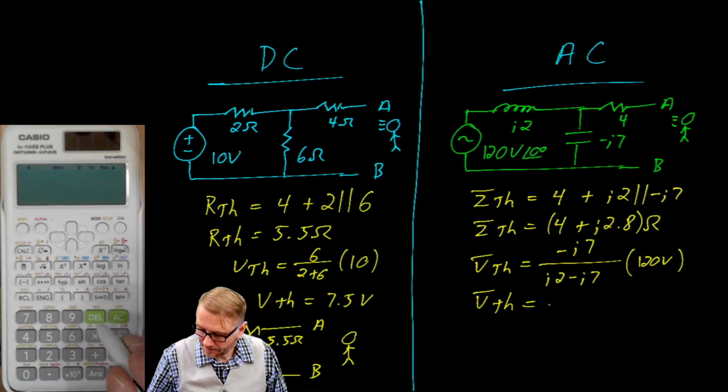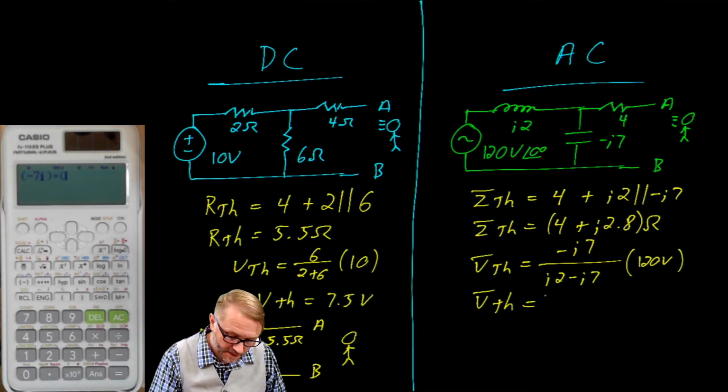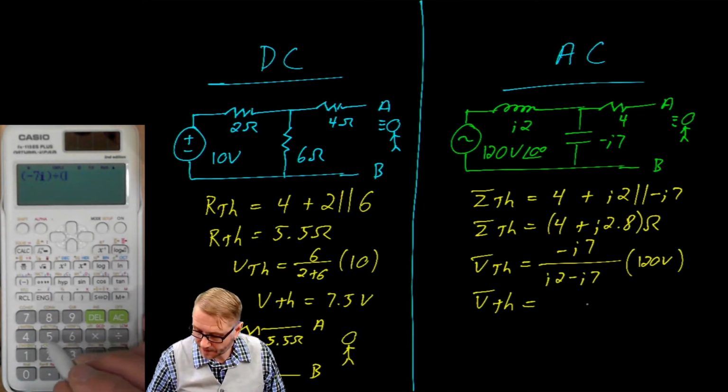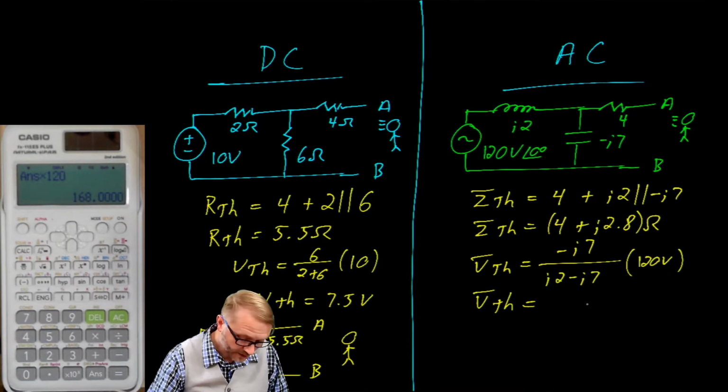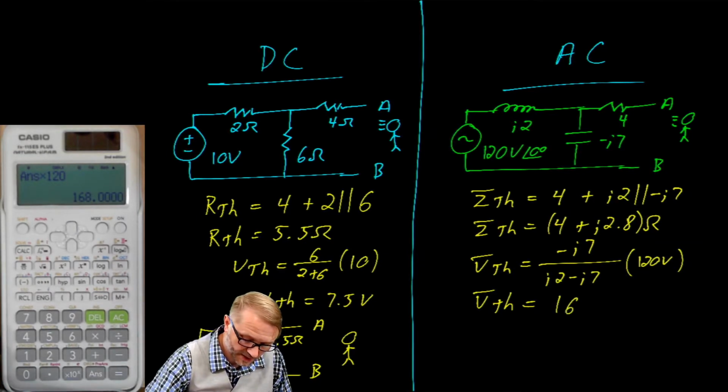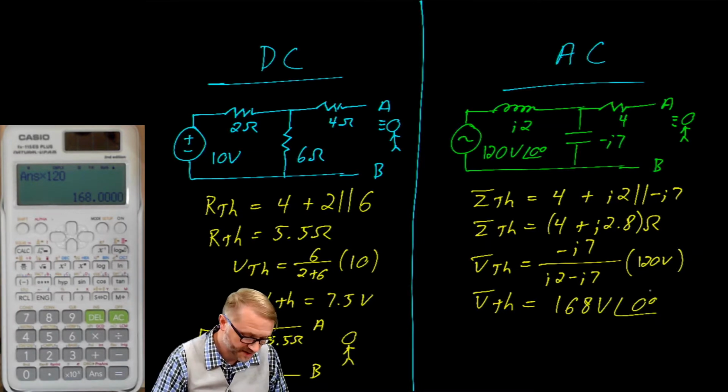Using the calculator, we enter that as negative 7J divided by, looks like negative 5J, gives us a value, and then we multiply that by 120. So it looks like the Thevenin voltage is simply 168 volts at a phase angle of 0 degrees.